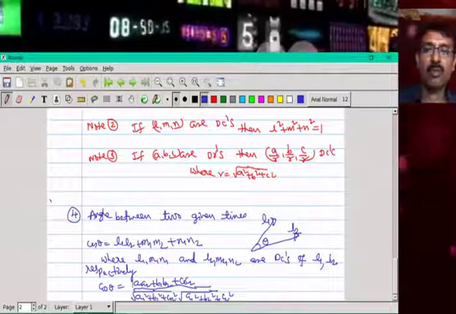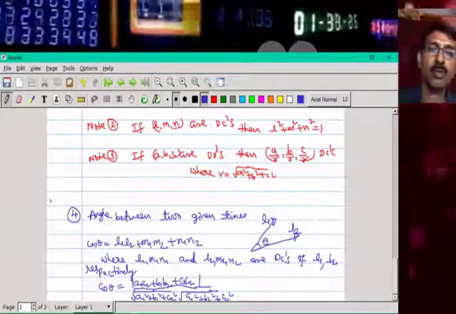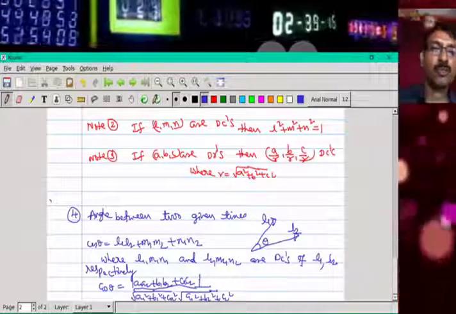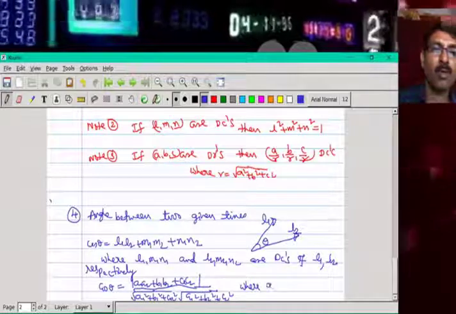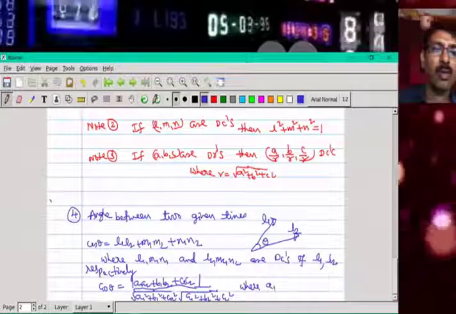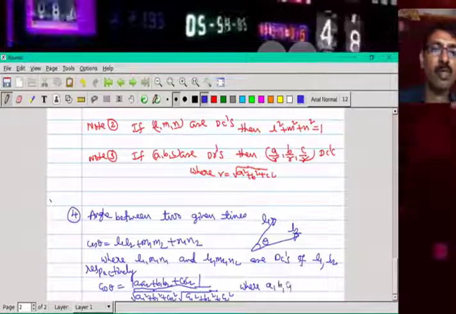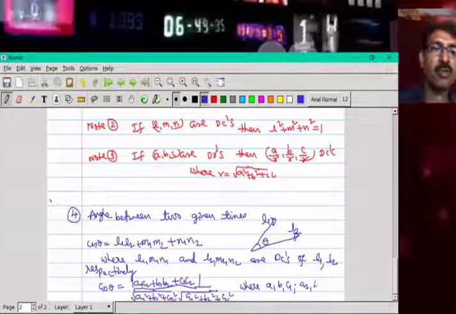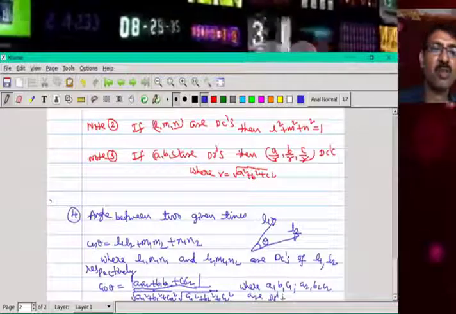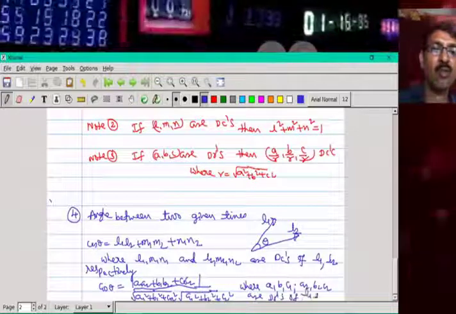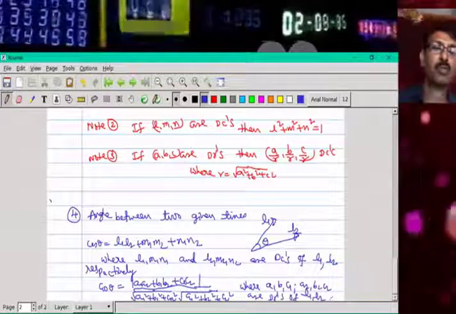Of course, we will put modulus. Here A1, B1, C1 and A2, B2, C2 are DRs of the lines L1 and L2 respectively.